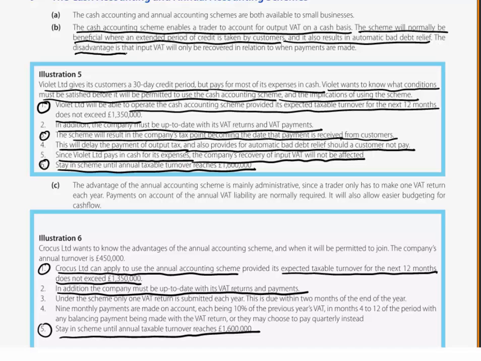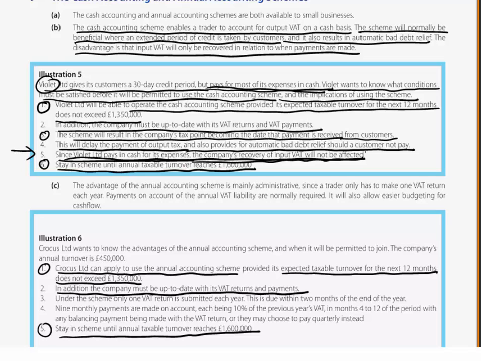The disadvantage is that input VAT will only be recovered in relation to when payments are made. So in terms of Violet Limited here, we were told that we pay for most of our expenses in cash. So in which case, since Violet Limited pays in cash for its expenses, the company's recovery of the input VAT will not be affected.